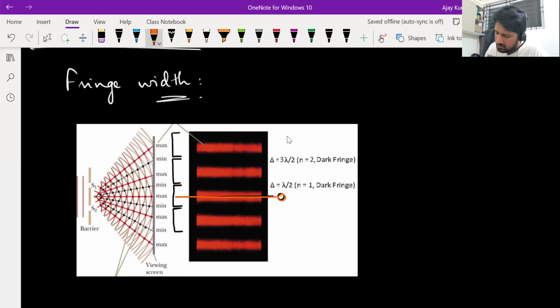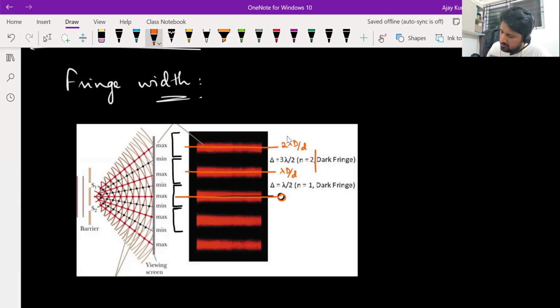The y coordinate of the first maximum is lambda capital D by small d. The y coordinate of the second maximum is 2 lambda capital D by small d. The third maximum will be 3 lambda capital D by small d, and so on.